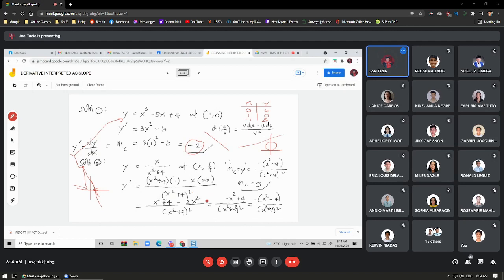Then, atong gi-simplify, ato na siyang gi-multiply, no? X squared plus 4, then minus x times 2x is negative 2x squared. So, combine similar terms. So, we have negative x squared plus 4 over quantity x squared plus 4 squared.